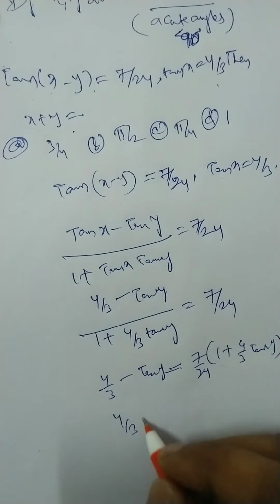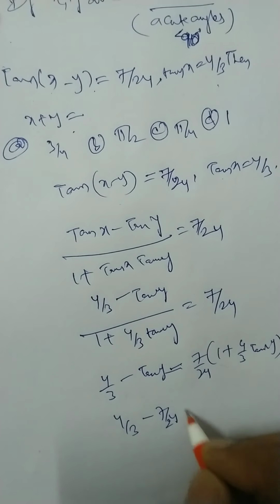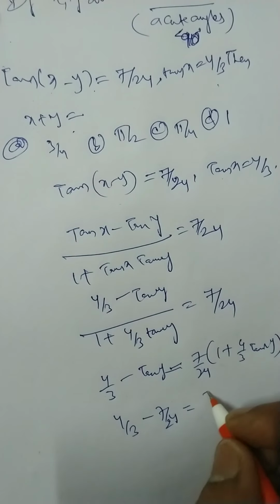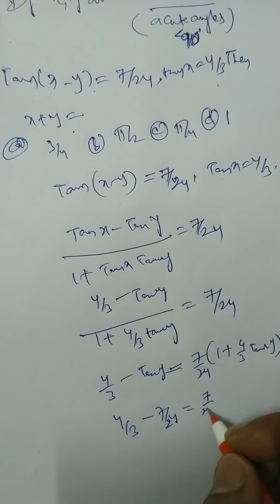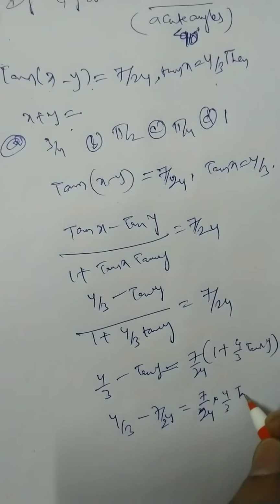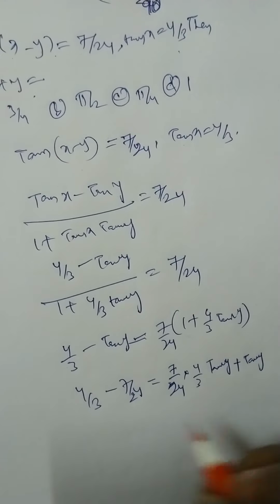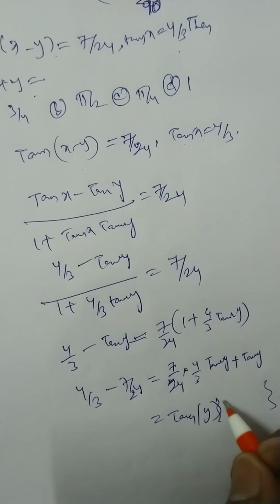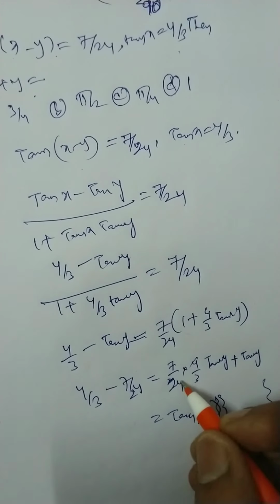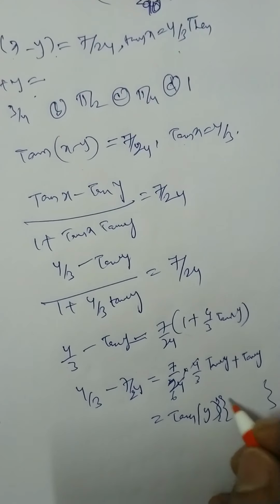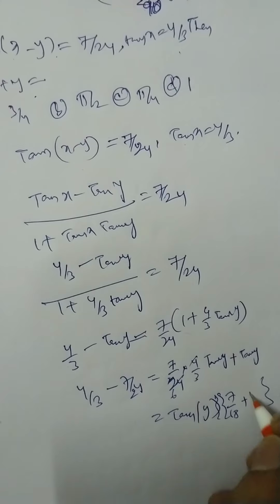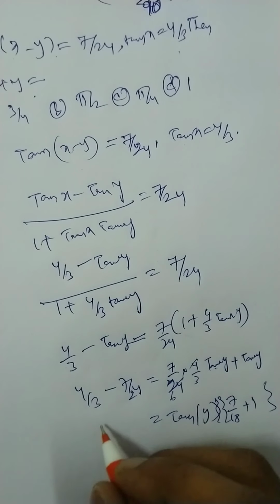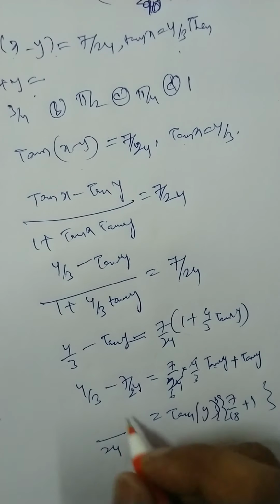Taking the constant terms to the left side and tan y terms to the right side, taking tan y common here, 24 is the LCM.